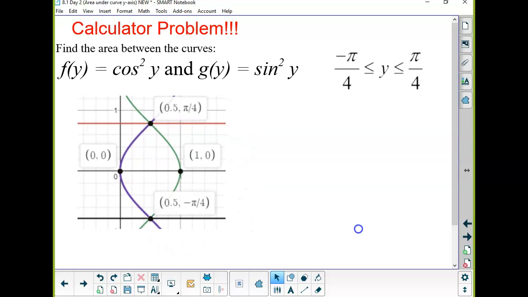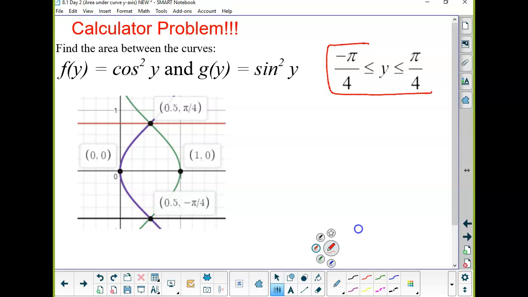And then just for a quick sketch, here's your graph. So this is interesting.